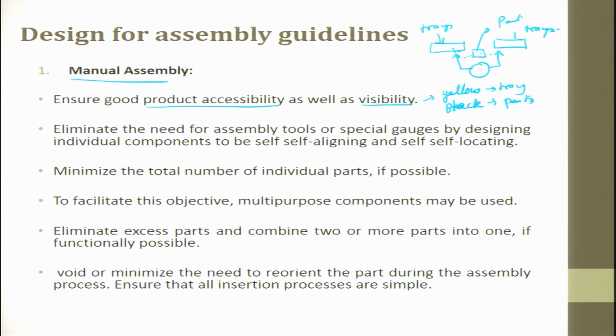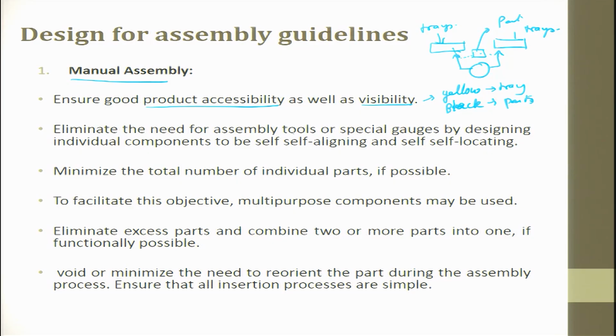We can always use another option: drop it anywhere in the part and use some small vibration, and the part moves and gets locked on its own. So, eliminate the need for assembly tools; try to do it by gravity itself.